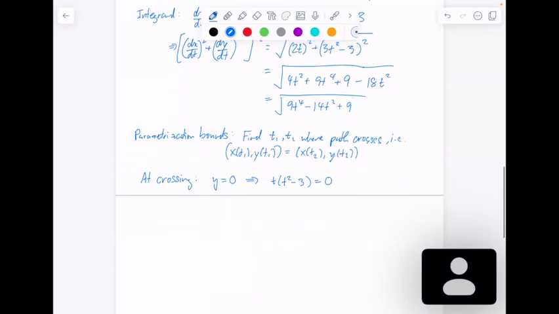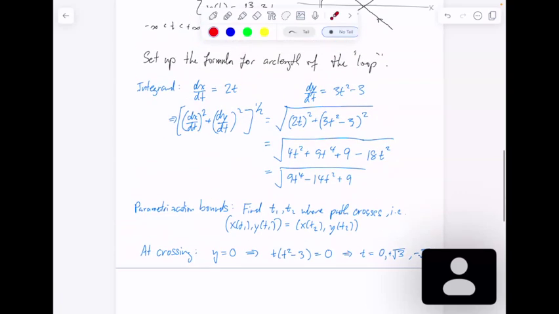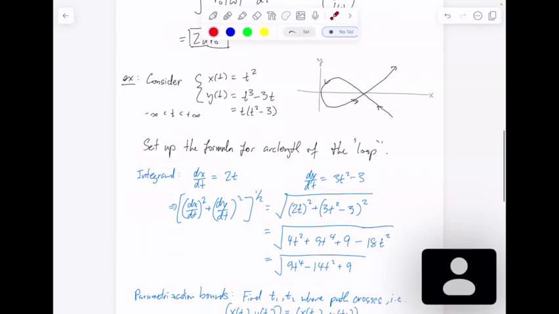And so what are the times here for y? We're just looking at the solution to y equals 0. What are the possible solutions for t in this case? Right, so there's 0, and there's square root 3, and what else is there? Right, so there's plus and minus square root 3. However, let's look at what happens at t equals 0. Right, at t equals 0, then 0 squared, x is also at 0.